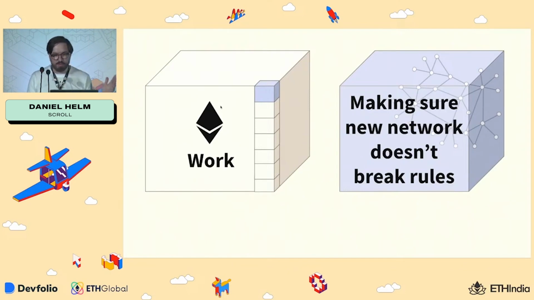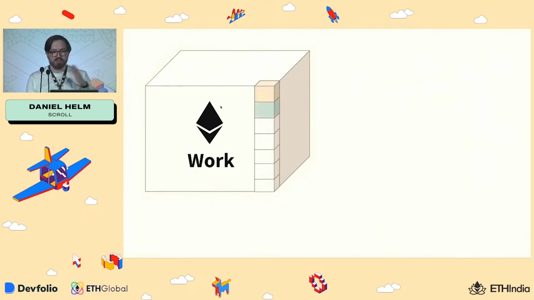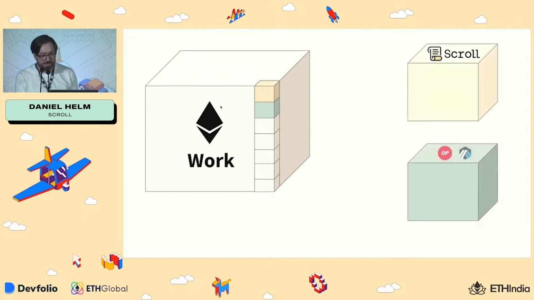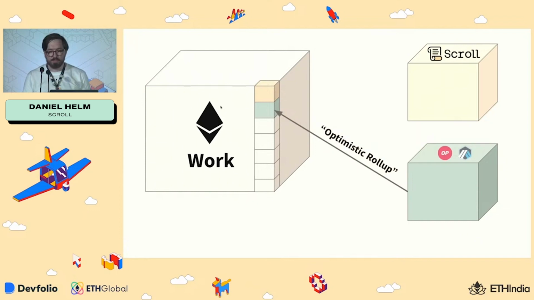So coming back to this model, we can see that still we have this idea of Ethereum doing work, making sure that a new protocol is not breaking its rules. Let's look at different ways you can do that. So on the bottom here, we have what we call optimistic rollups. And what they do is they say, here's all the transactions that came into my chain, Ethereum layer 1, let me show them to you, and I'll just show them to you.